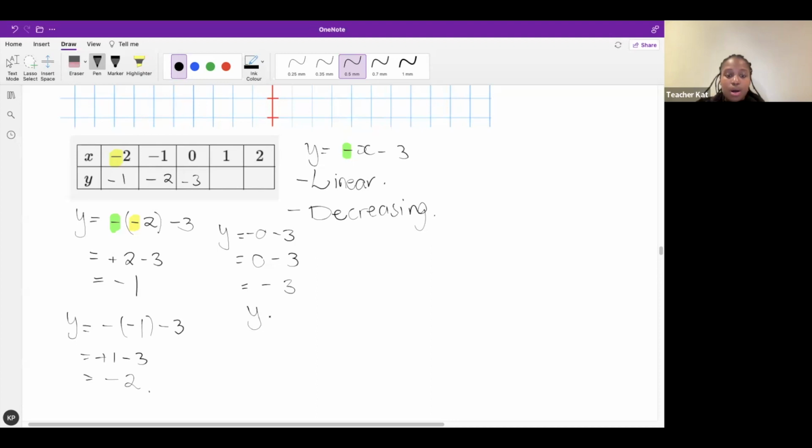Next one, y is equal to negative 1 minus 3. What's negative 1 minus 3? That's negative 4. And finally, y is equal to negative 2 minus 3. And that gives us negative 5. Okay.